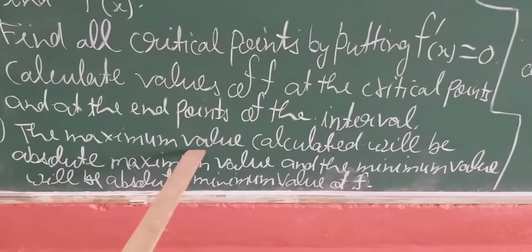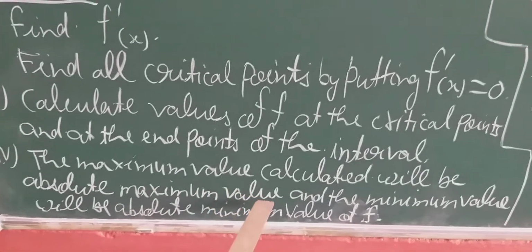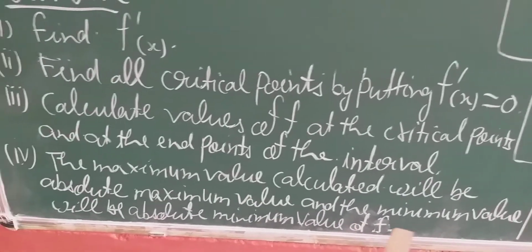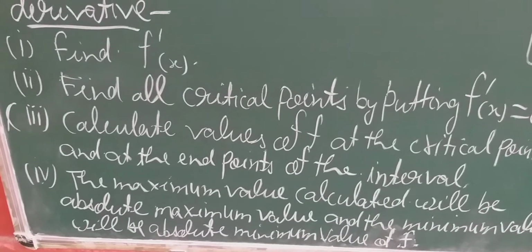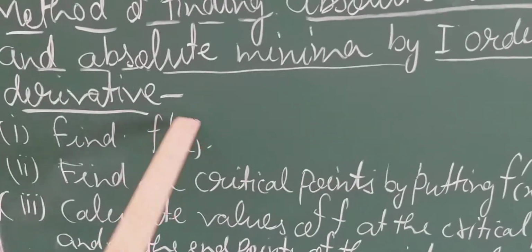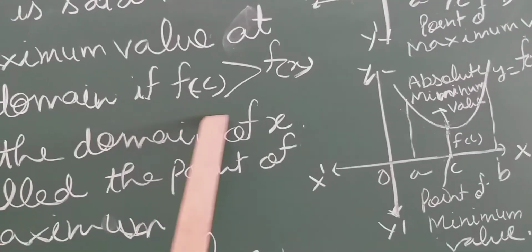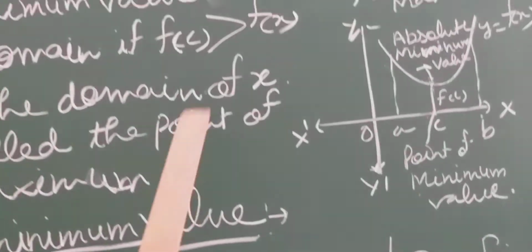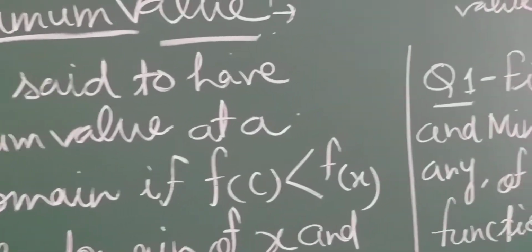Then the maximum value calculated will be the absolute maximum value and the minimum value will be the absolute minimum value of f. So this is the first order derivative test, but some questions can be solved directly by f(c) greater than f(x) and f(c) less than f(x).